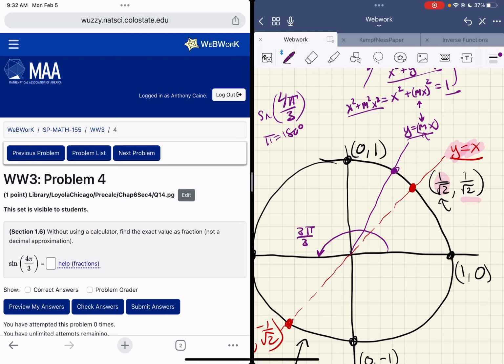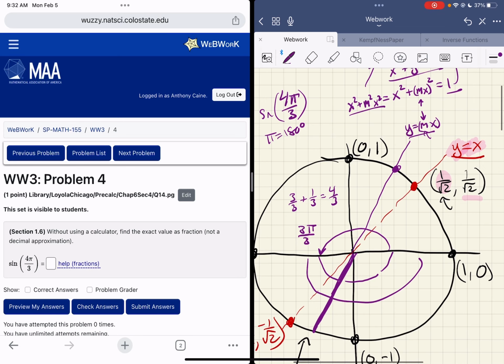And then if I go a third of the way back to the start, that's covering another third of a pi. And so if you have 3 over 3 plus 1 over 3, you get 4 over 3. Okay. So anyway, this line here is a third of the way going from here to here.